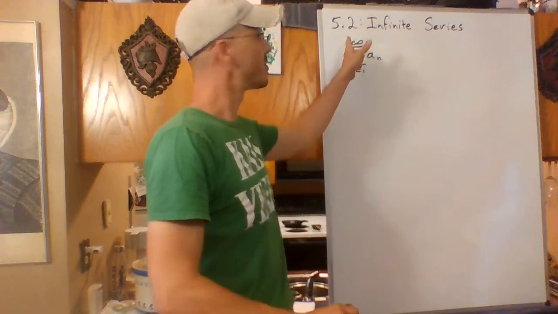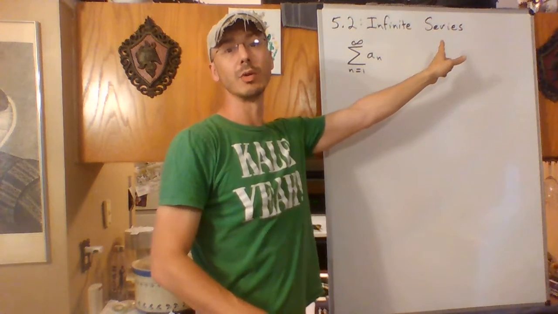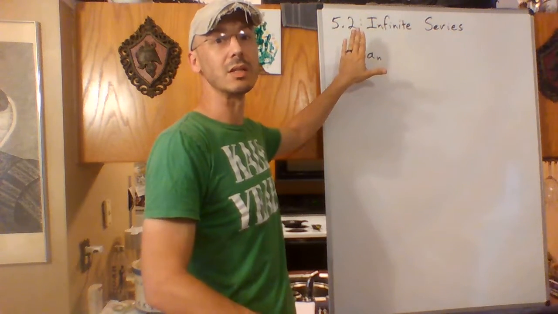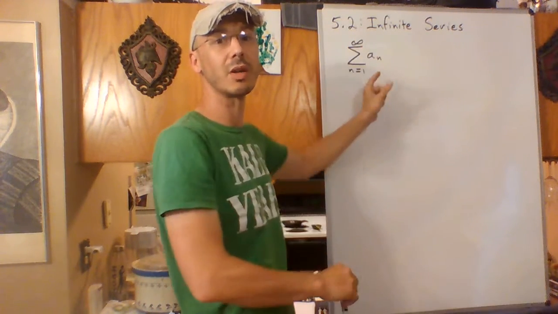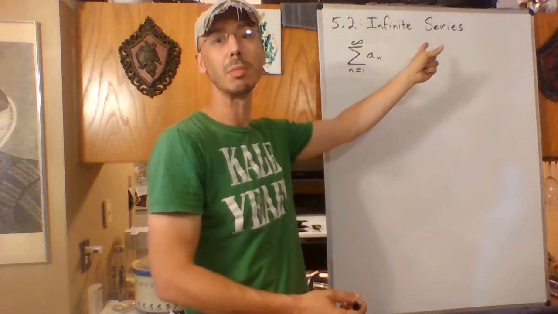Now we're going to look at section 5.2, which is on infinite series. Before, we looked at sequences, lists of numbers. Now we're going to start adding them together. Series means an infinite sum.